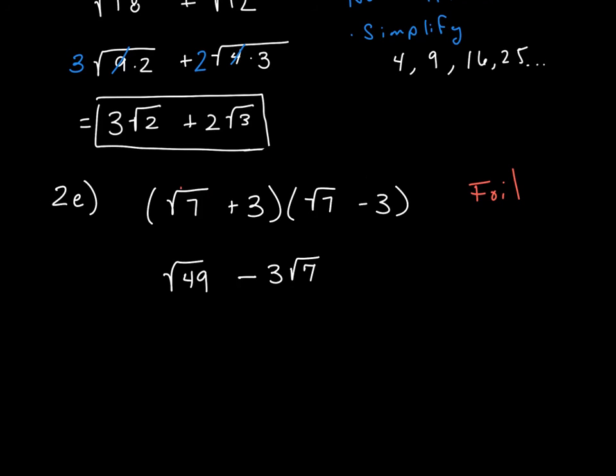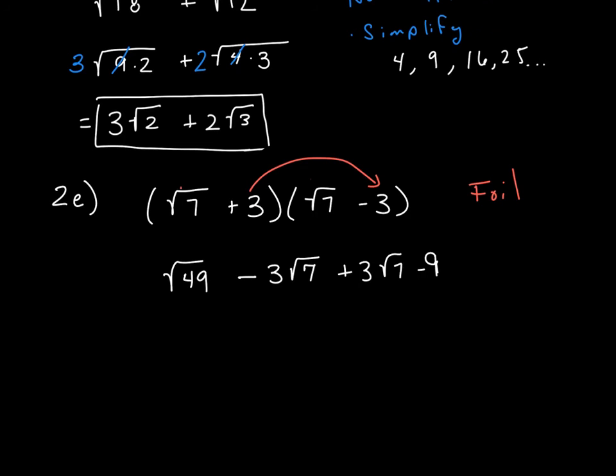Finish that. So now it's going to be 3 times the square root of 7. So that is going to be a positive 3 square root of 7. And then I'm going to go ahead and multiply 3 times negative 3, which gives me a negative 9.